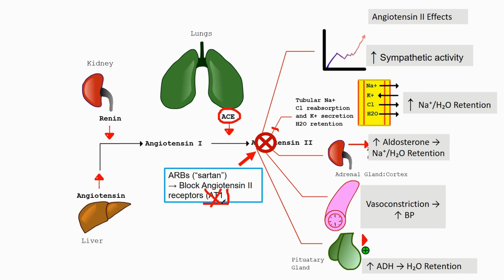By blocking AT1 you prevent angiotensin 2 from binding to its receptor. By doing so you reduce the effects of angiotensin 2, and that eventually helps in lowering blood pressure and also reduces sodium water retention, reduces aldosterone, and also causes vasodilation.